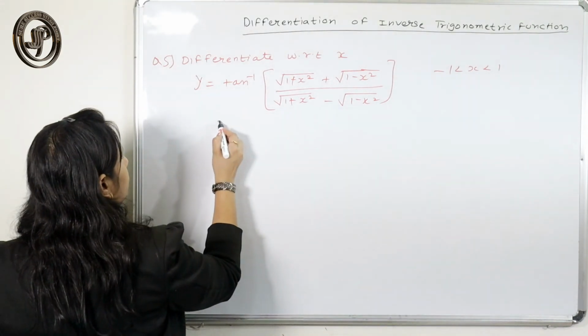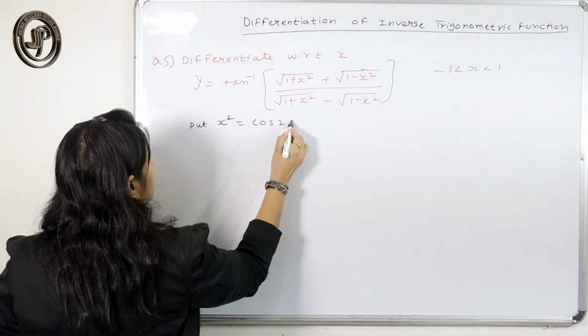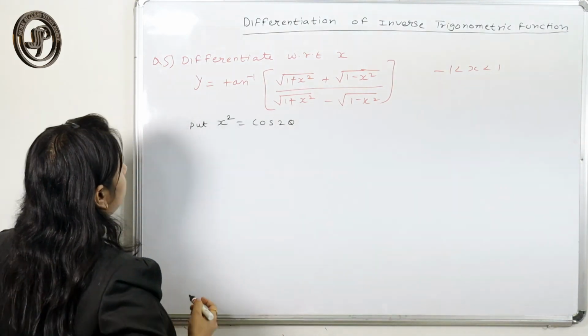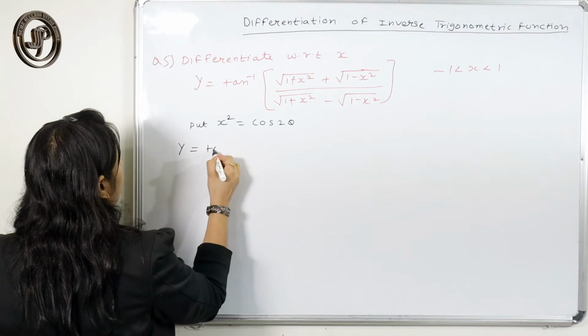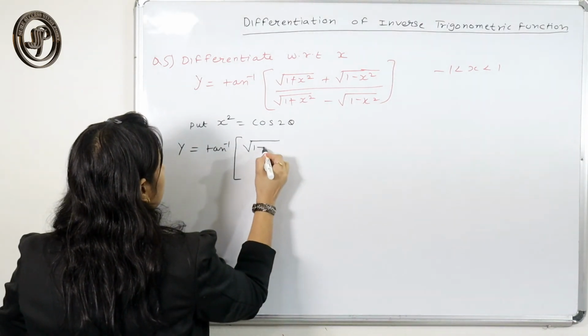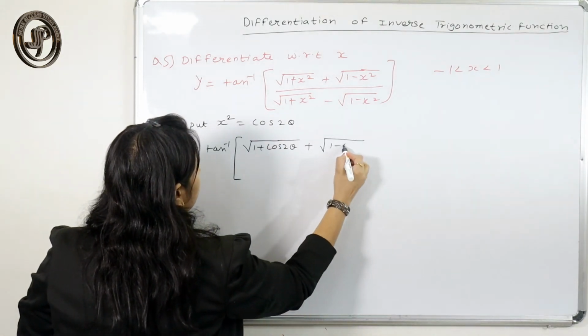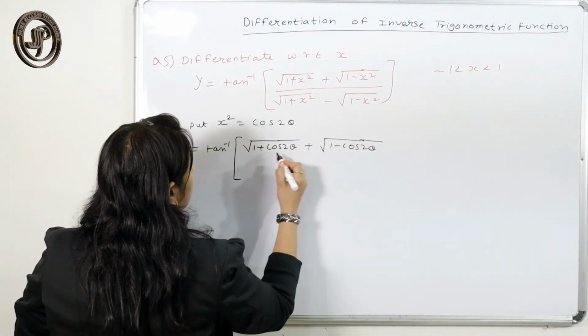So here I am going to substitute x square as cos 2 theta. Okay, so if I substitute x square as cos 2 theta, then what can I write? 1 plus cos 2 theta, 1 minus cos 2 theta.